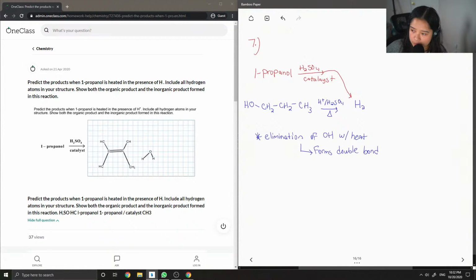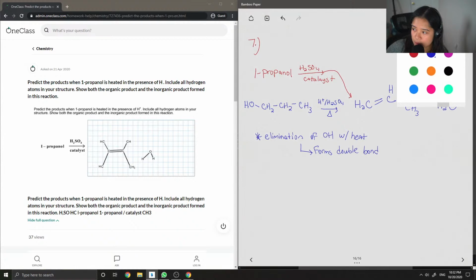So now we have a newly formed double bond with the elimination of our alcohol group, and water was formed. So the name of this new product is prop-1-ene.